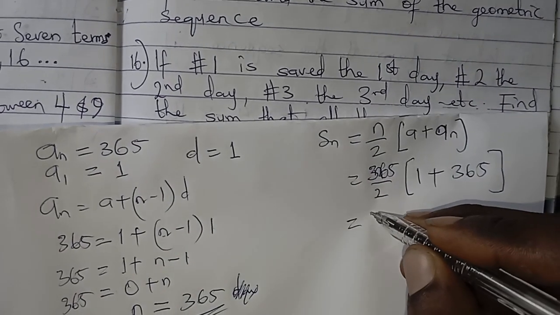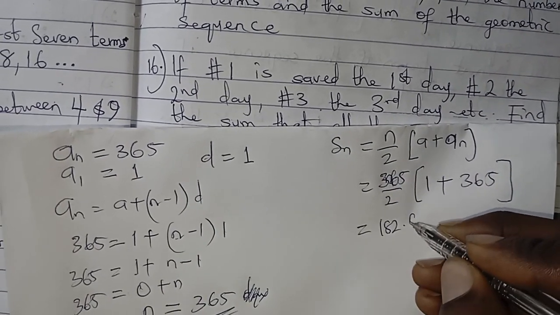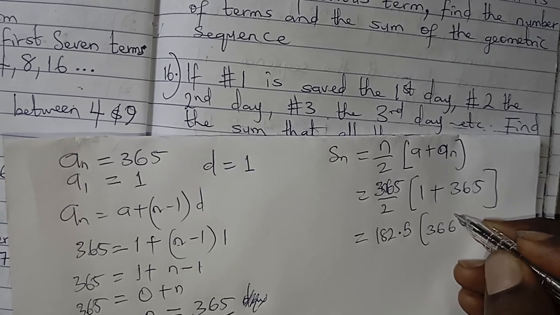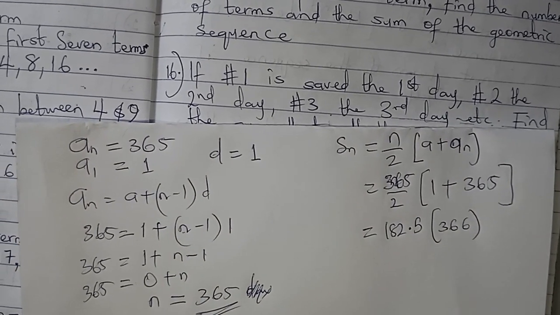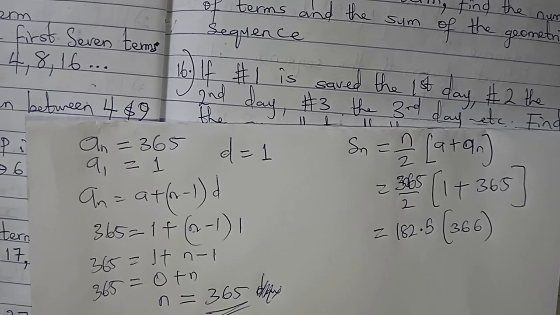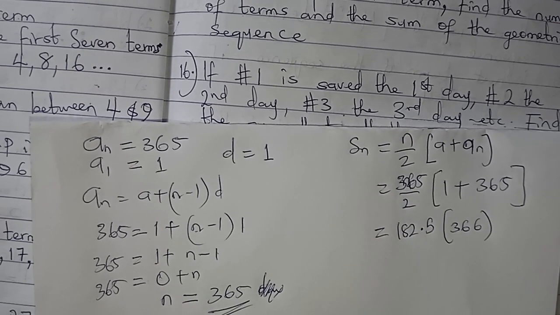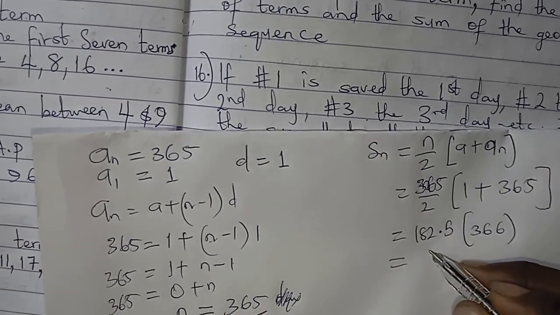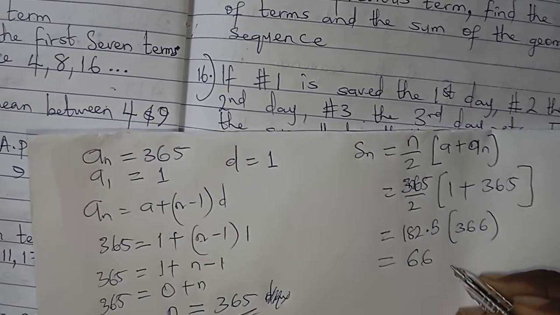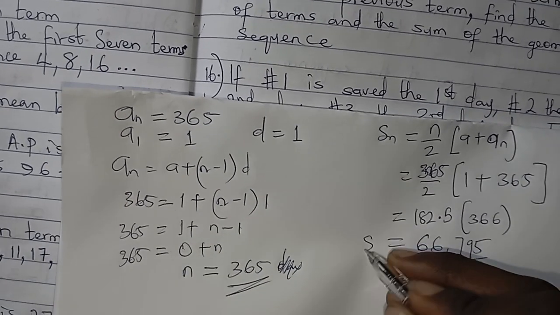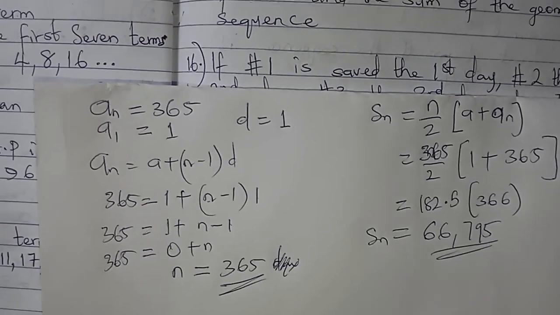So we have 182.5 into 366. So 182.5 times 366. So the sum of terms is going to be 66,795. That's the answer.